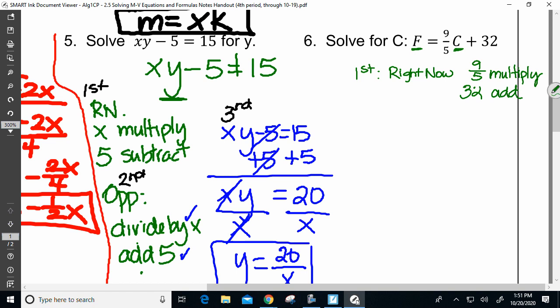That's the first step. Remember, for those of you who are struggling, you've got to ask for help. If you don't ask for help, I'm going to assume you know what you're doing. If you photo math all your work, you're getting a 0. I'm not grading photo math, I'm grading you.